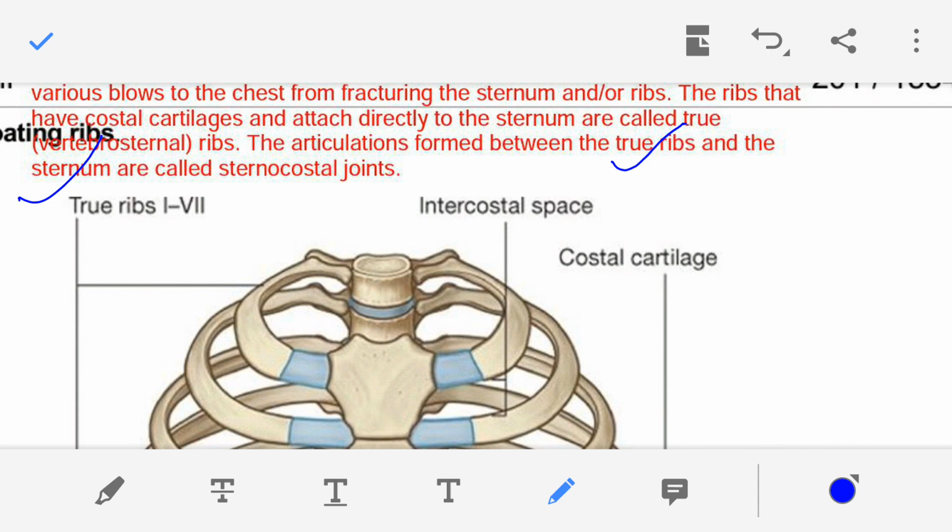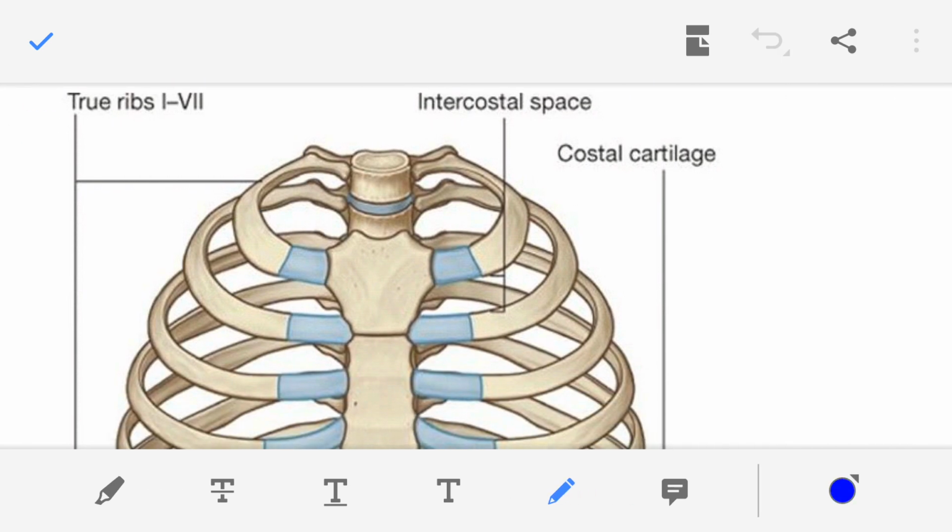sternocostal joint. Let's say this is the first rib, this one is the sternum. So this joint, and this joint, these joints are sternocostal joints. Then this joint, this joint too.